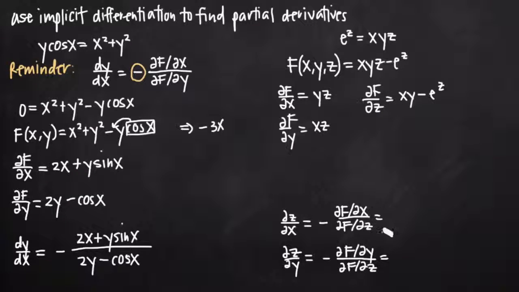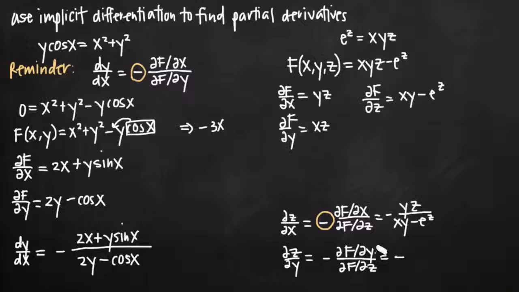Now we can plug each of these 3 into our formulas down here. So notice in the numerator here we have the partial derivative of f with respect to x, which we know is yz, divided by the partial derivative of f with respect to z, which we know is xy minus e to the z. And of course we can't forget our negative sign out in front here. That's super important. Just like before, we have this negative sign here. Then for the partial derivative of z with respect to y, we'll have again the negative sign here.